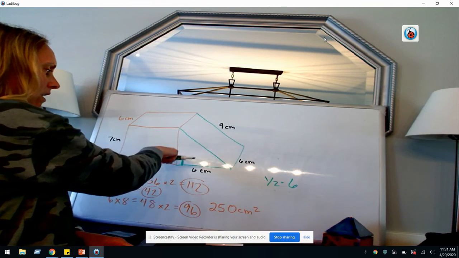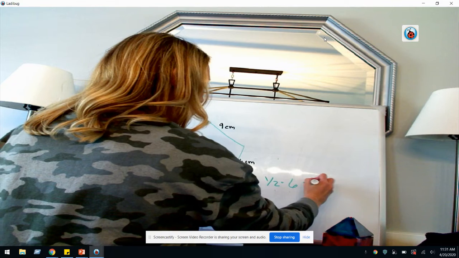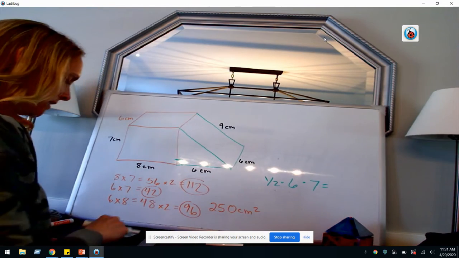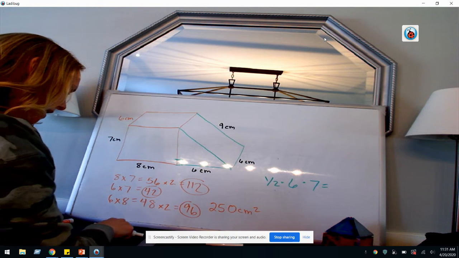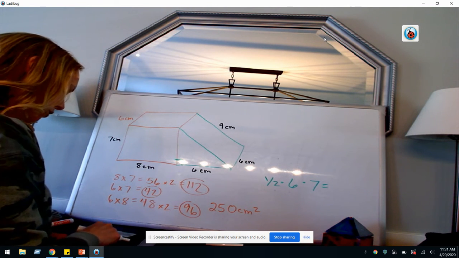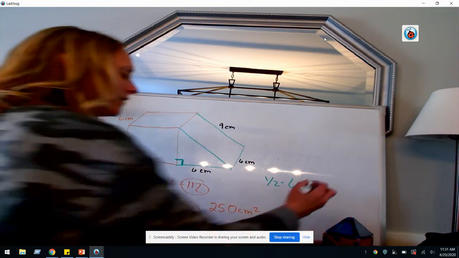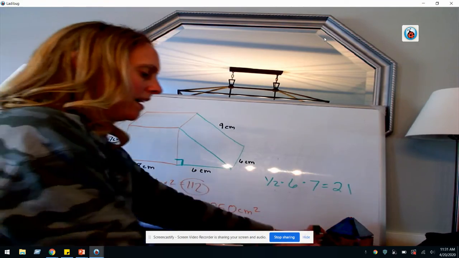The height has to match over here. That's 7. So 1/2 times 6 times 7, so 0.5 times 6 times 7. I feel like we did this before. And then I've got 21.